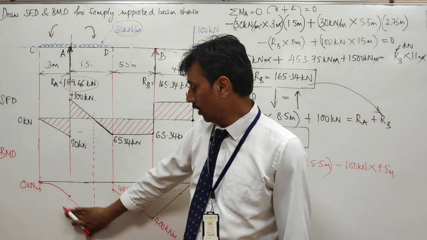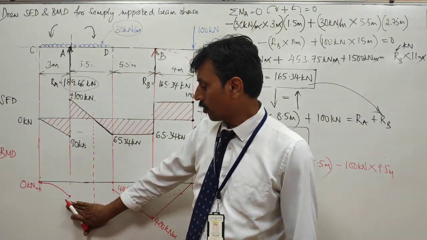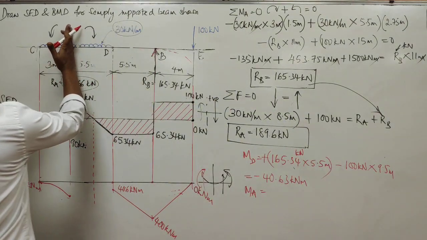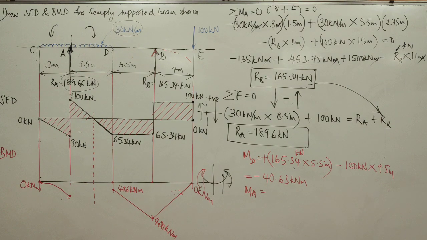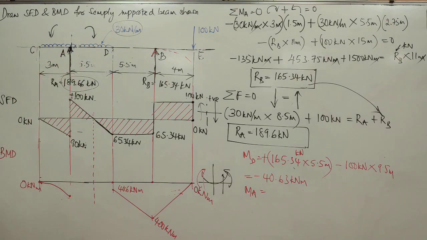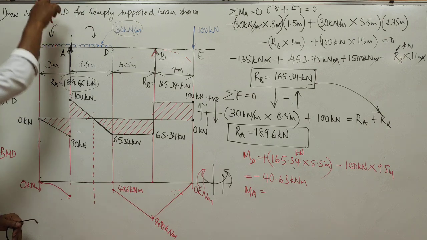So the answer that we have got is wrong, because while calculating the moment at this point, we said there is UDL on the left hand side, 30 into 3, which is 90. So this whole UDL has to be placed at the center for consideration.